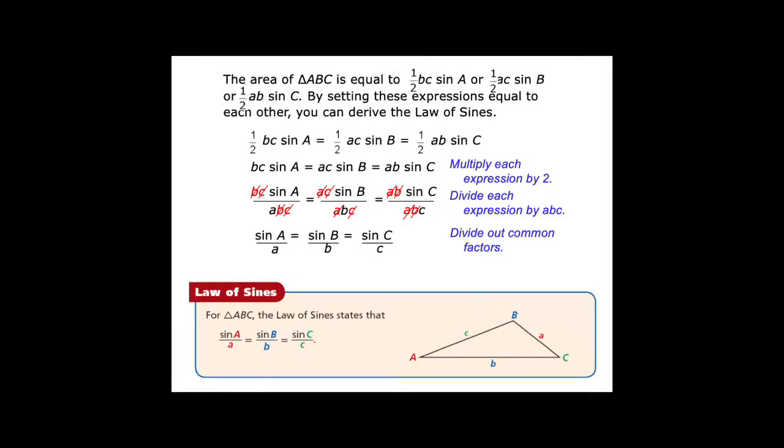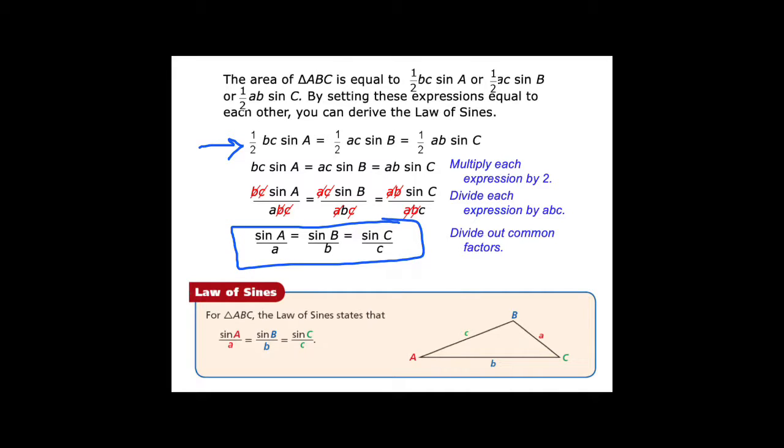The area of triangle ABC is equal to half times b times c times sine of A, or half a times c times sine of B. By setting these expressions equal to each other, you can derive the law of sines. Here it's showing you the work that you have to do to get to your law of sines.